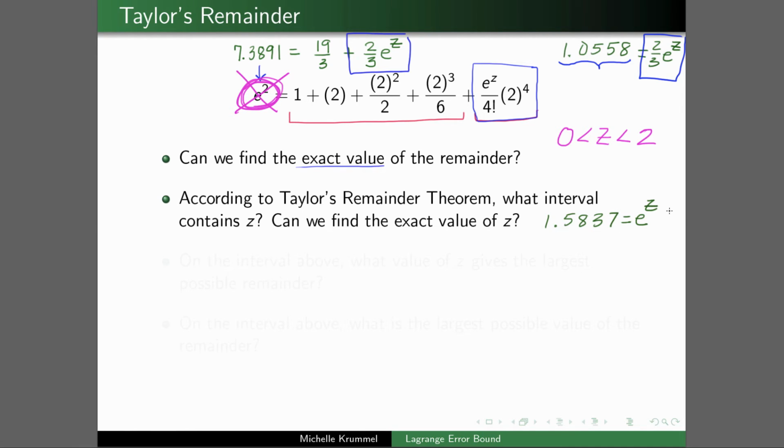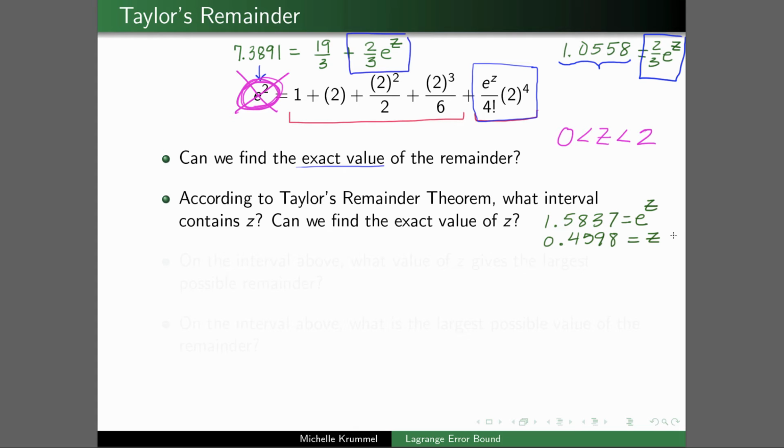Then we can take the natural log of both sides, and we find that 0.4598 is equal to z. But that's really just a decimal approximation, though we're able to get a pretty good approximation for z. But again, this is only because we cheated and calculated e squared on our calculator.